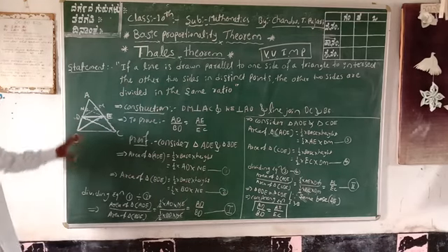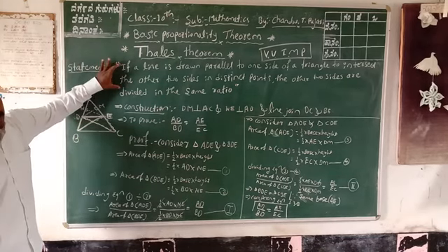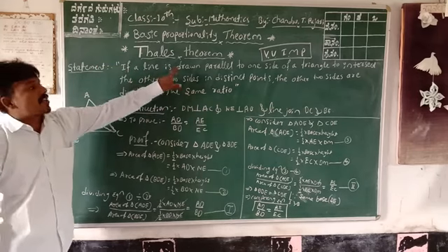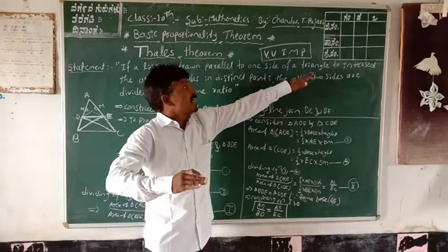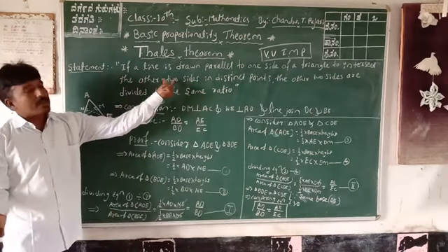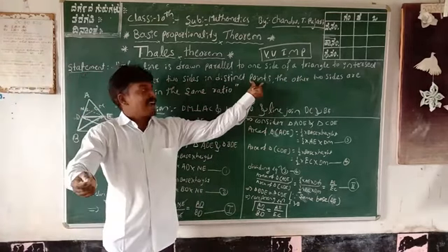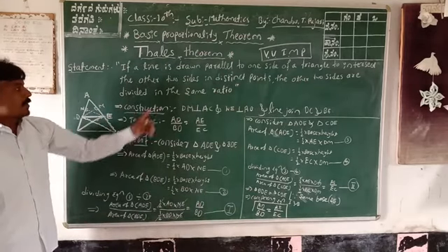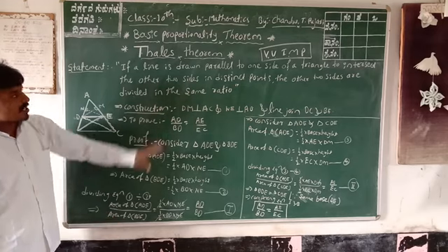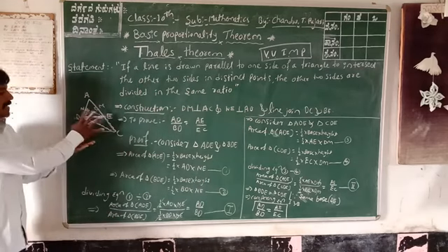Very easy. First of all, state the statement. Statement is: if a line is drawn parallel to one side of a triangle to intersect the other two sides at distinct two points, then the other two sides are divided in the same ratio. First the statement is important. Next, the diagram.